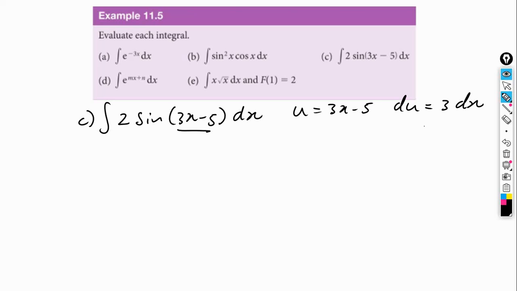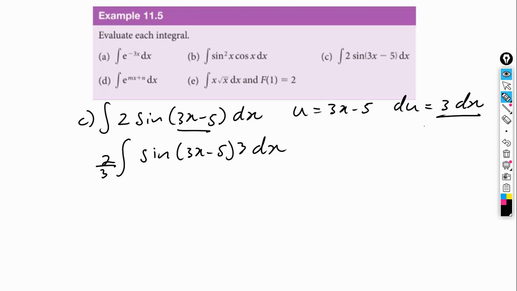So let's rewrite this here as 2 times the integral of sine of 3x minus 5 dx. Again, the derivative of u is 3 times dx, so I need to multiply here by 3, therefore also divide by 3.